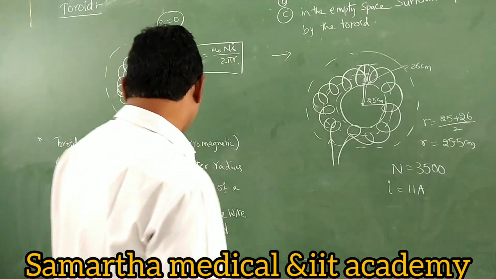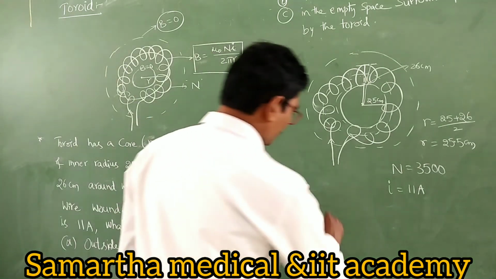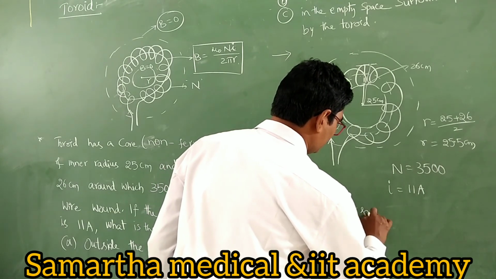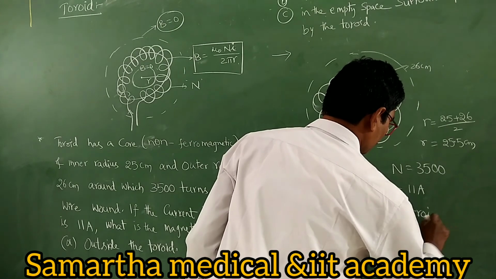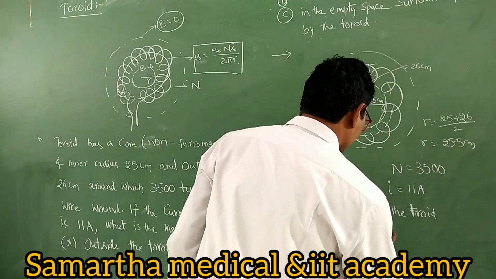yes, to go for the first question A, what is the magnetic field outside the toroid? Outside the toroid, B will be 0. Why?